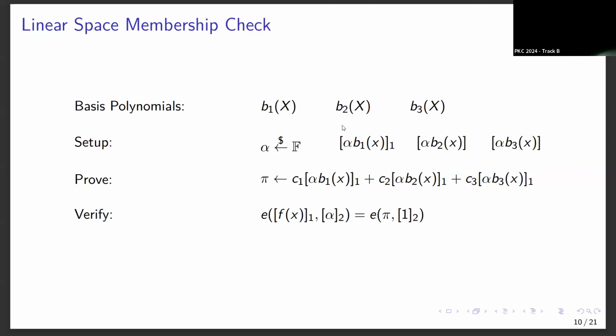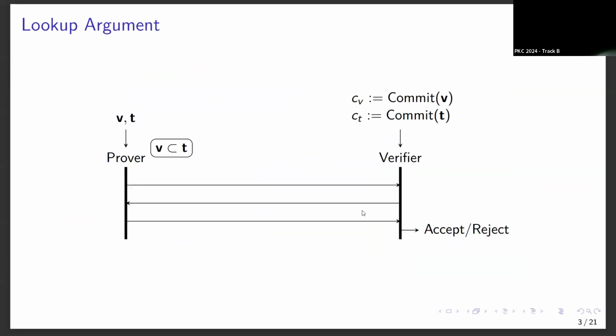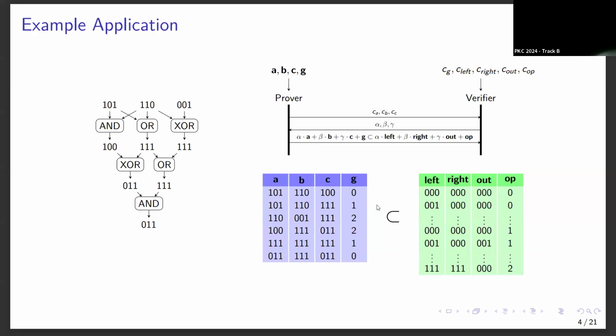I have a quick one. Sometimes we need to perform lookups where we don't just check whether the evaluations of one polynomial belong to the evaluations of another one. Sometimes we need to do things that are a bit more complicated, where we check a collection of polynomials against another collection of polynomials. Do you know if your protocol will be able to handle such cases or be easily extended? So, in the table case, several columns of a table and subsets of another table.